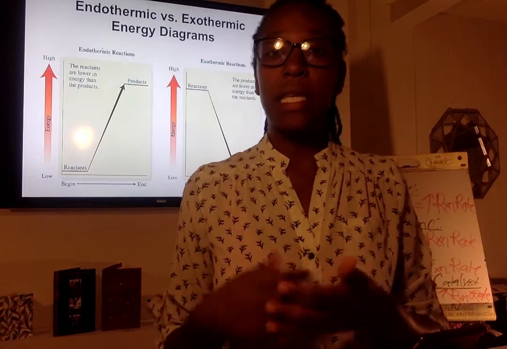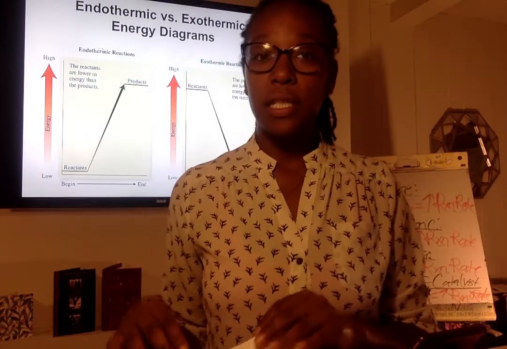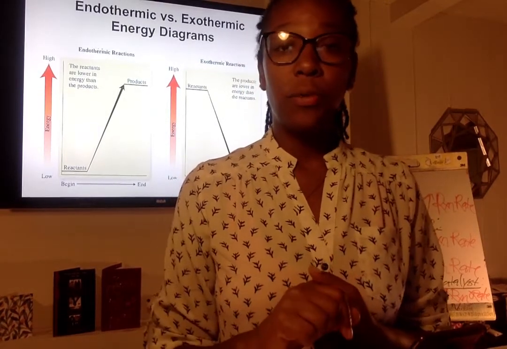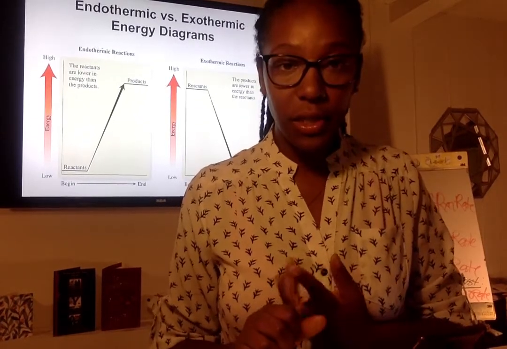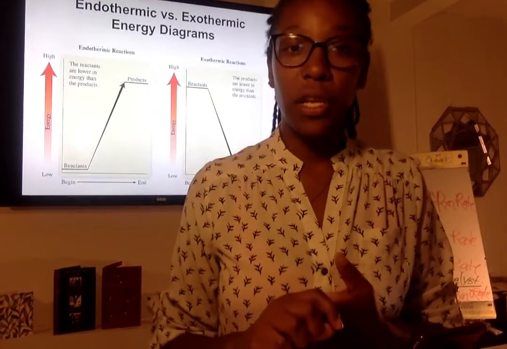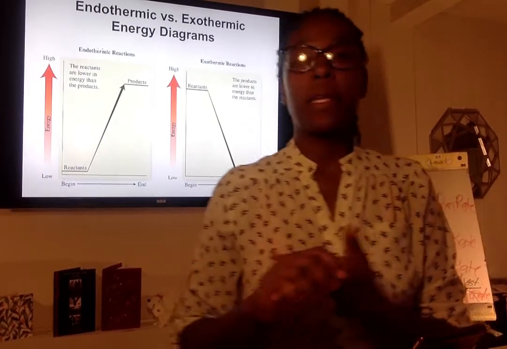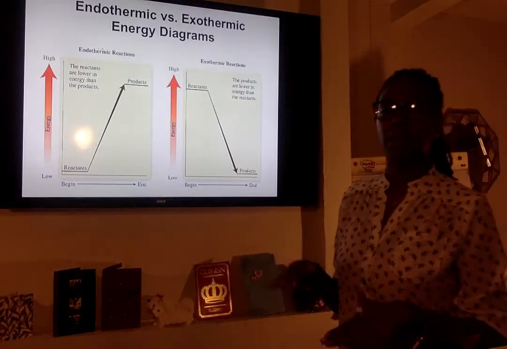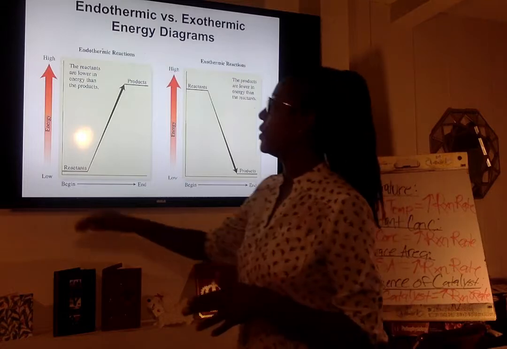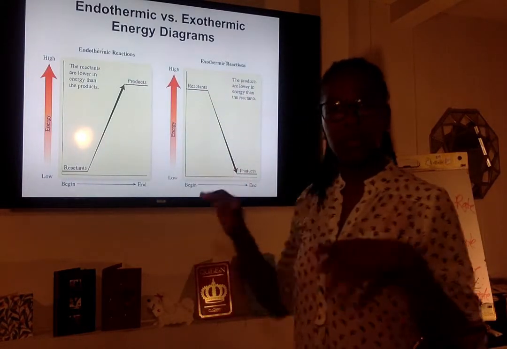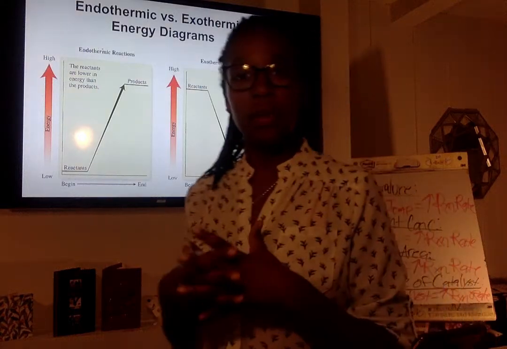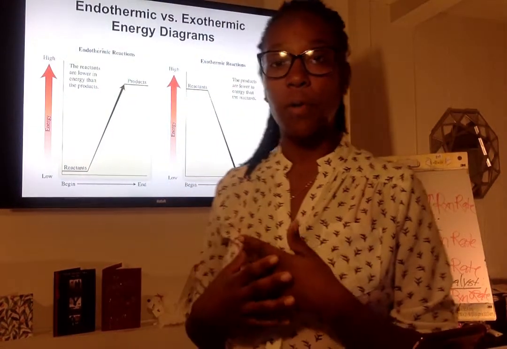What needs to happen for a reaction to take place? We need to have them collide with the proper orientation, but also with sufficient energy. So that means certain reactions are going to increase in energy or decrease in energy, right? It just depends on which direction you're going.